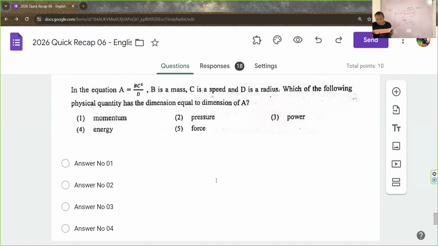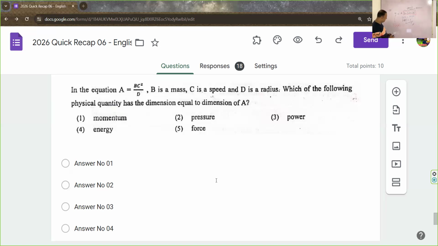Which of the following physical quantity has the dimension equal to dimension of A? Okay. How to get that one? You just have to substitute their dimension. And this is an easy kind of problem because all the terms are given.